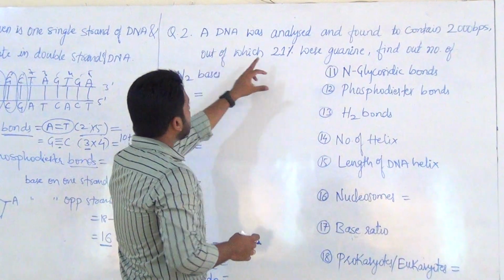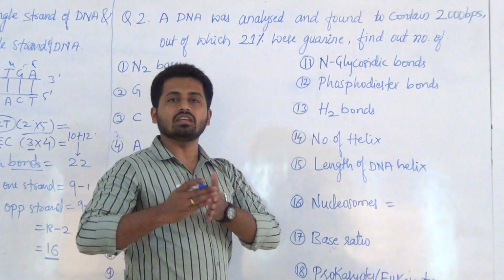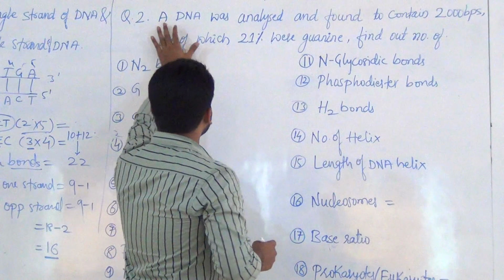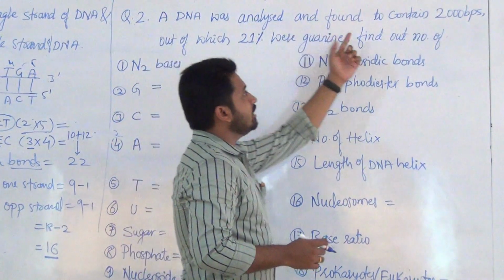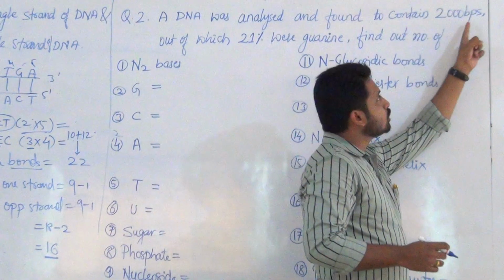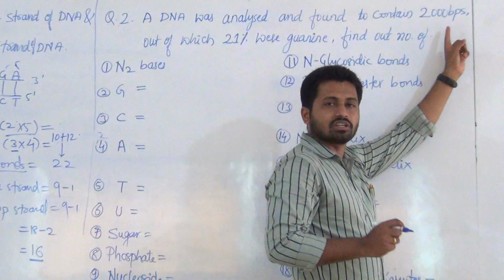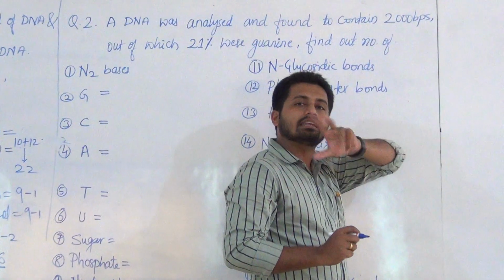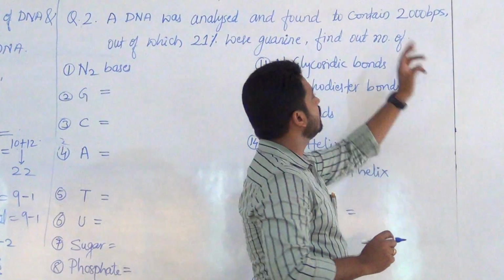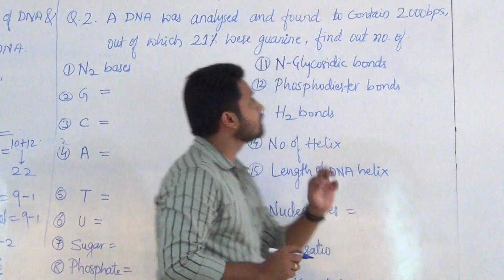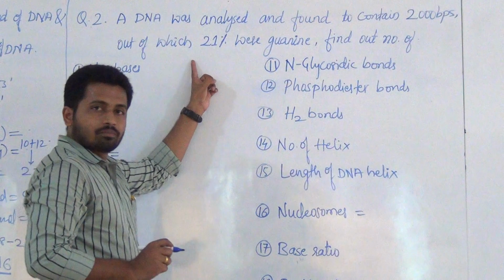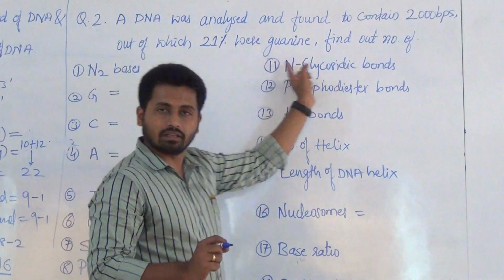Question: a DNA was analyzed, means study of DNA was done. A DNA was analyzed and found to contain 2000 base pairs. Concentrate on the number. A DNA was analyzed and found to contain 2000 base pairs, out of which 21% were guanine.